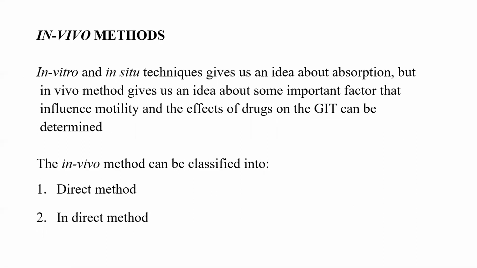And in vivo methods, there are three types of methods: in vitro, in vivo, and in situ methods, which you may use to know how much drug has been absorbed from the GIT. Absorption is very important, because only once the drug reaches the systemic circulation can it give its therapeutic effect. In vivo, you have direct as well as indirect methods.